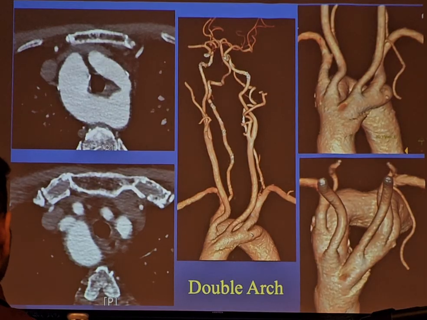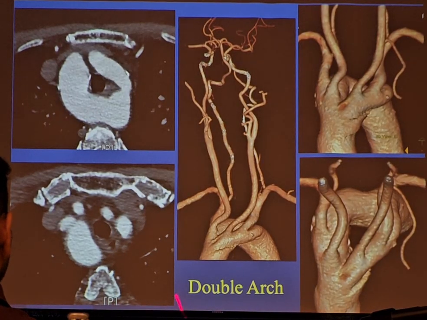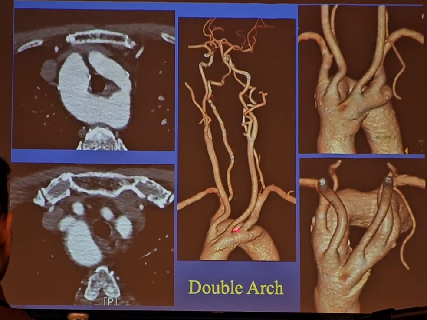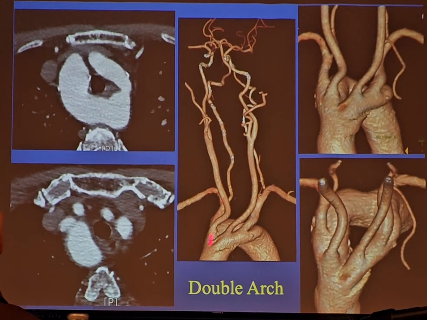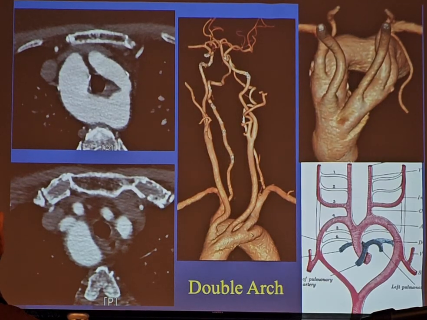This aortic arch is double. The one supposed to be regressed did not regress, it persisted. So there's a double aortic arch, you can see it. The left side vessels originate anteriorly, and the right side has posterior arches developing this way. This is two separate arches, a double aortic arch.